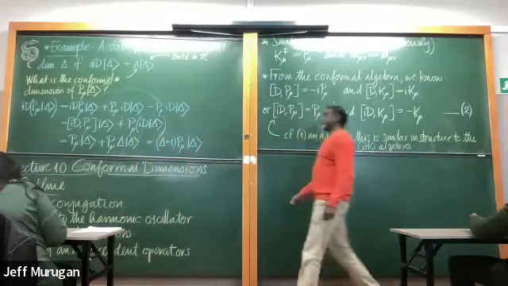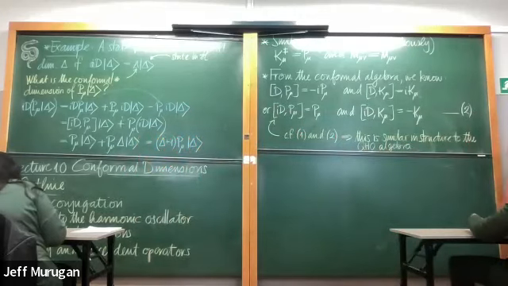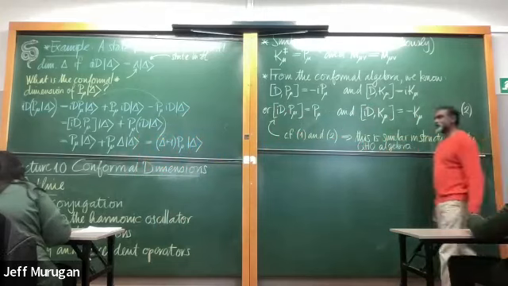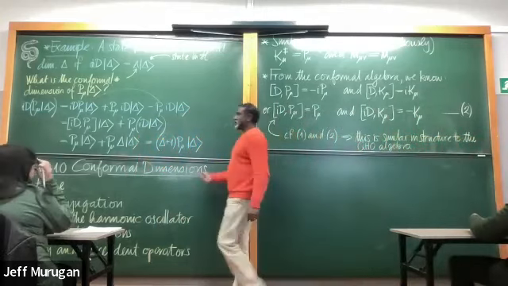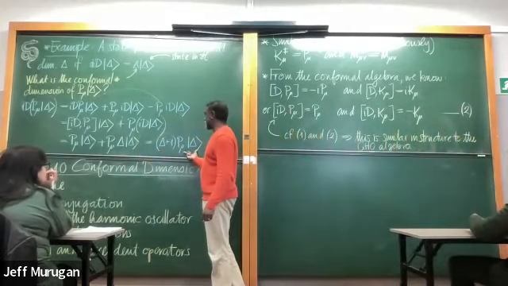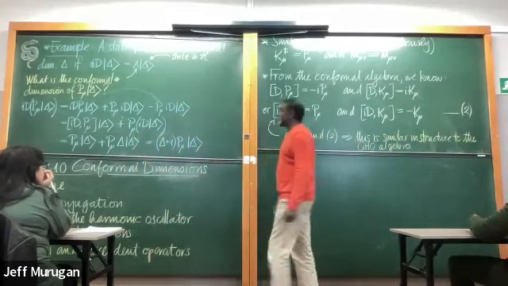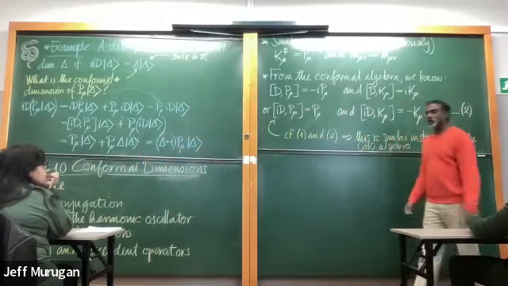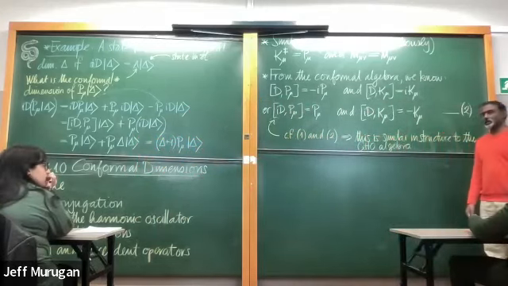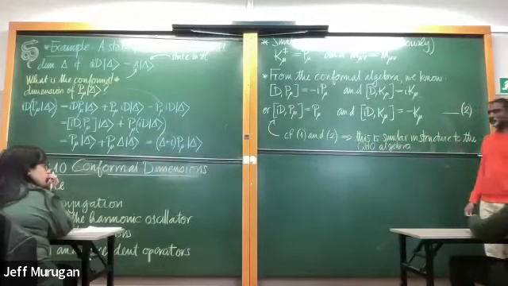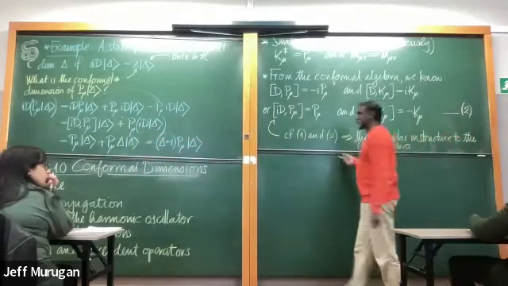In other words, if the state delta had eigenvalue delta with respect to ID, then the state P mu acting on delta has eigenvalue delta plus 1. So my claim that P mu acts as a raising operator, in this case raising the conformal dimension of the state, is valid.